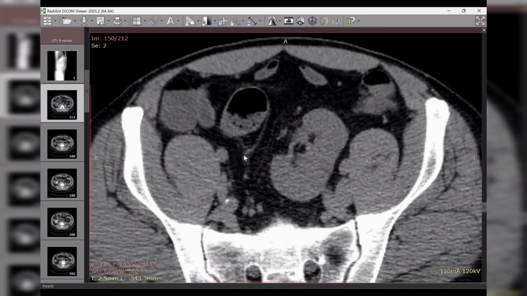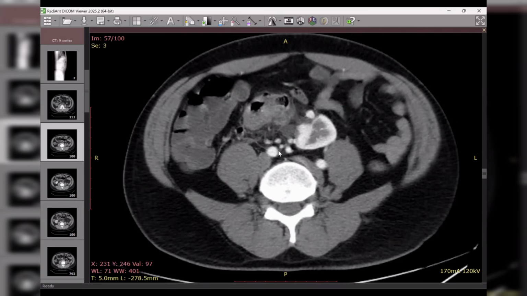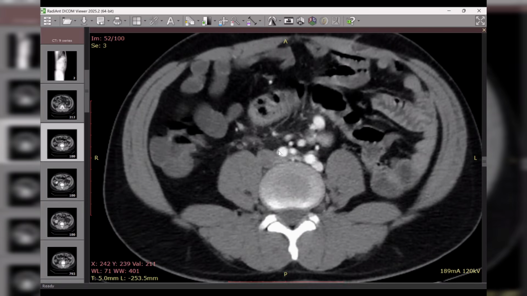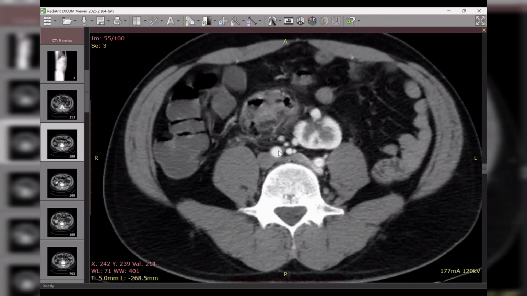I just want to rule out if there's any communication between the... Yes, okay, so this is the post-contrast sequence, which is confirming the findings of diverticulitis. Okay.